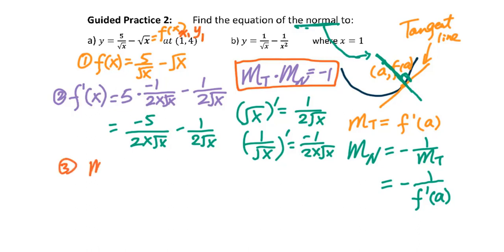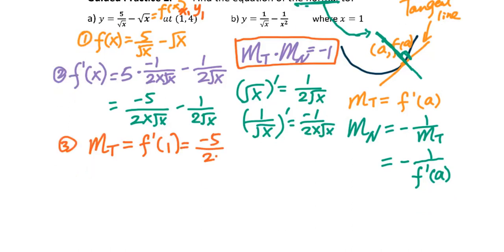Therefore, first of all, we need to figure out the gradient of a tangent line, slope of tangent line. That is f prime of 1. You will get negative 5 over 2 times 1 times the square root of 1 minus 1 over 2 square root of 1.